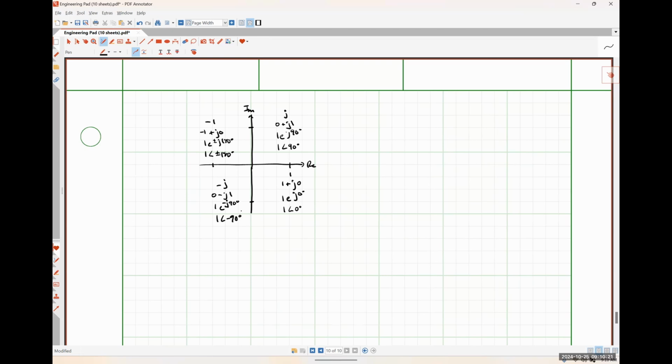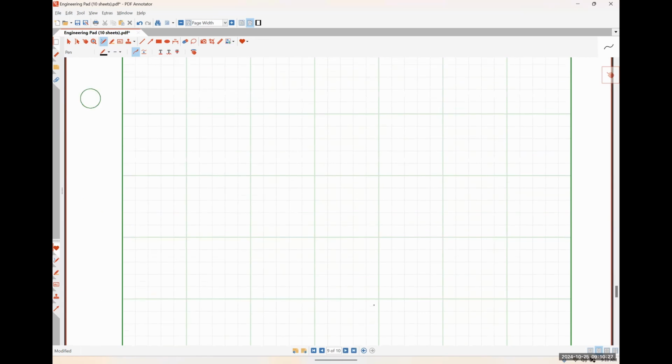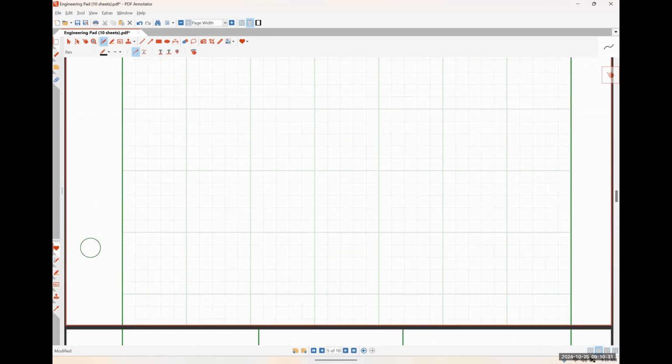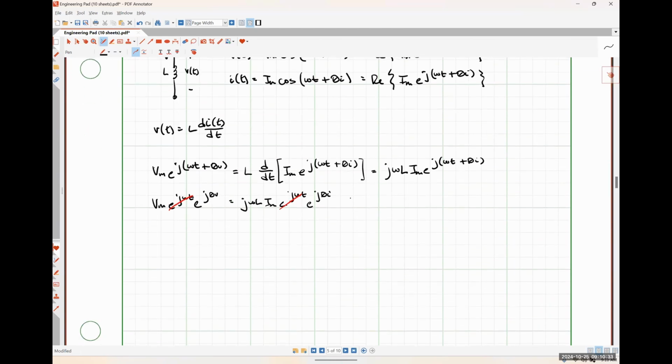So effectively, anywhere I see j, I can just replace it with e to the j 90 degrees. So I'm going to go back up and do that really quickly. This would be the same thing as omega L times Im, e to the j omega t, e to the j theta I, plus 90 degrees.